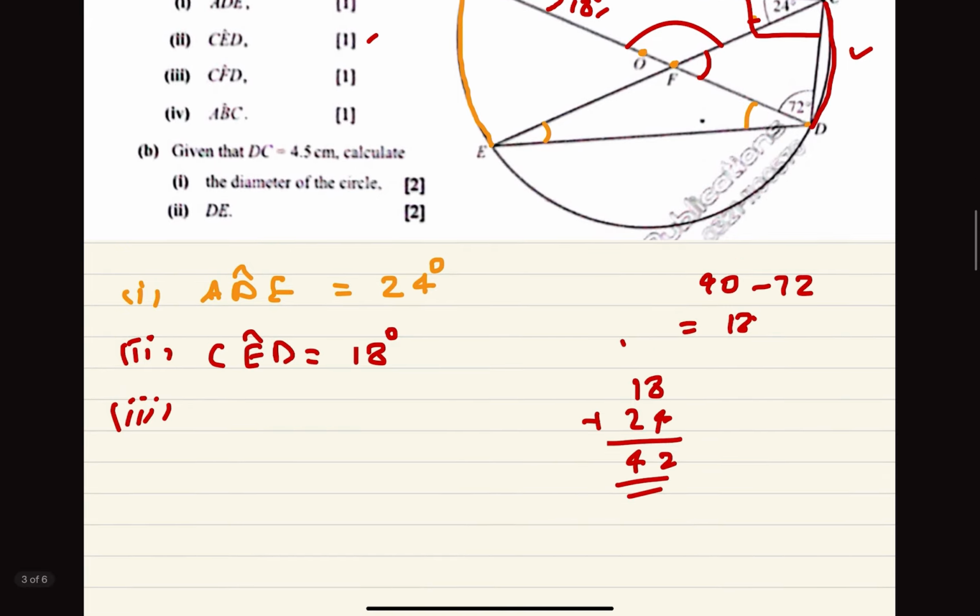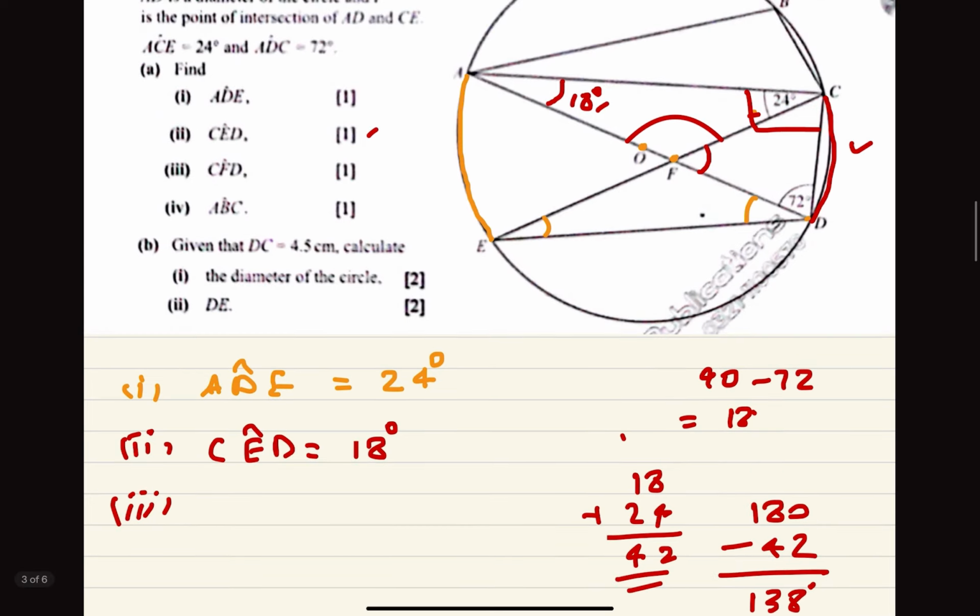When you subtract it from 180, 180 minus 42 is 138. Then subtract this 138 from 180, because this is a straight line, and you know that the angle of a straight line is 180 degrees. So CFD is 180 minus 138, which is equal to 42. So this CFD is 42.